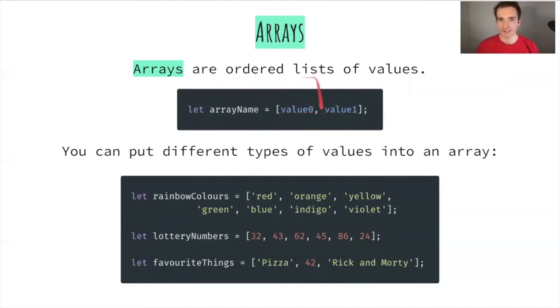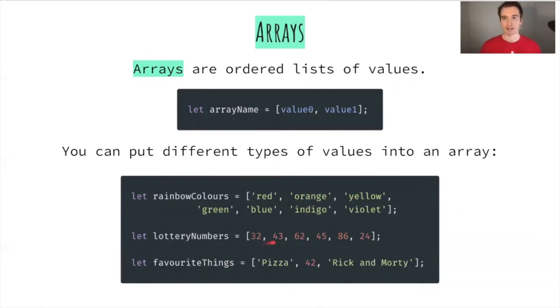It's an ordered list, which means value 0 here, the first thing that we're putting in, is always going to be retrievable by the 0th index. And we need to keep track of which position each of these values lives in, basically. As an example, here are different types of values that you can put into this array. Here we have different strings, an array of strings.